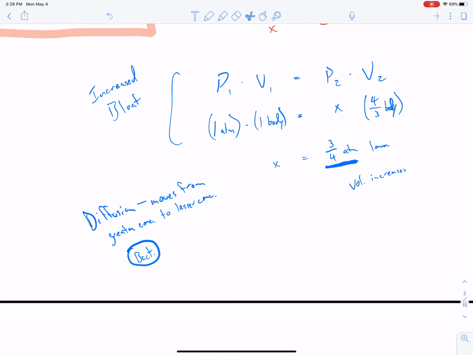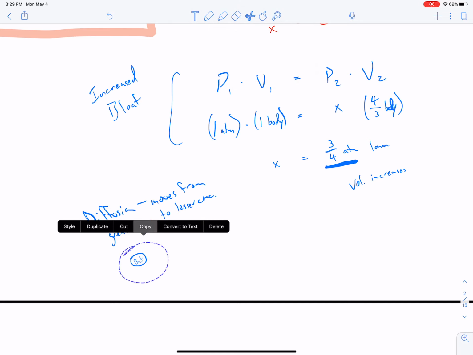So let me show you this. This bacteria is in this body, and the body's about like that, okay? So now as we move this way, the body gets a little bit bigger.